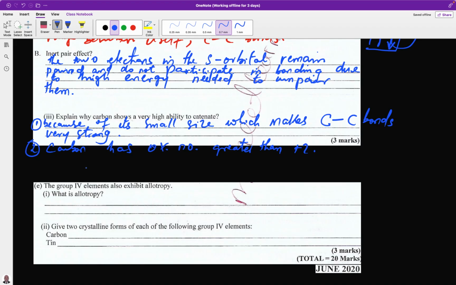You can define allotropy as the existence of an element in two or more forms.